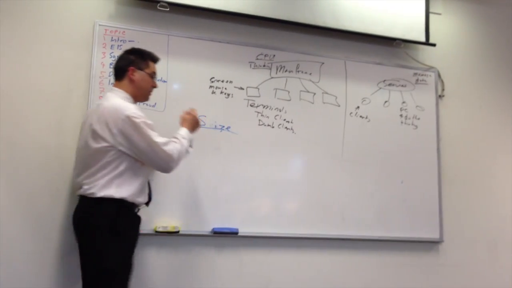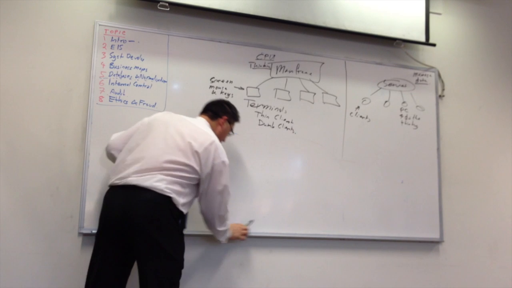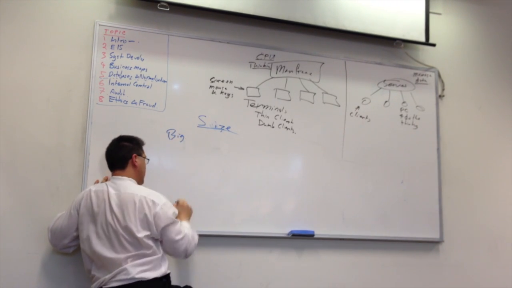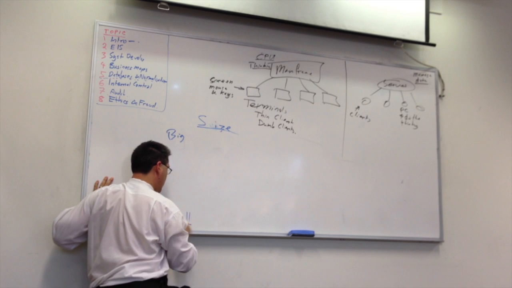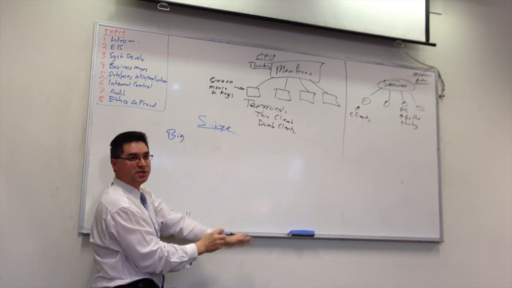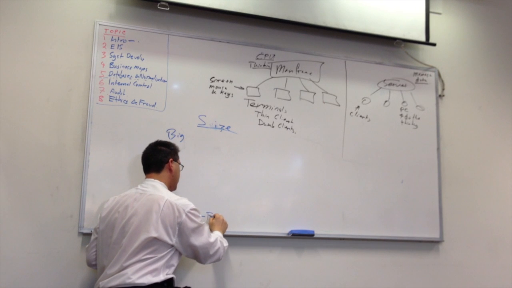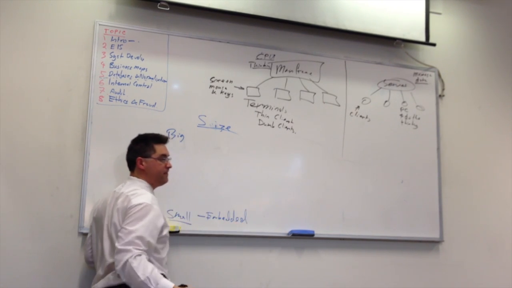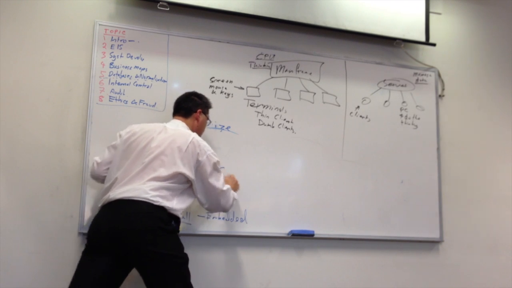Size of computers. So computers go from very, very big to very, very small. The smallest would be something that's embedded. Yep. A PC is about middle.